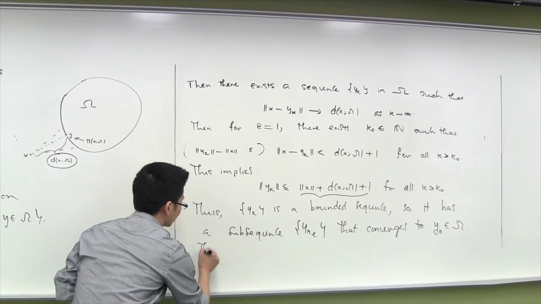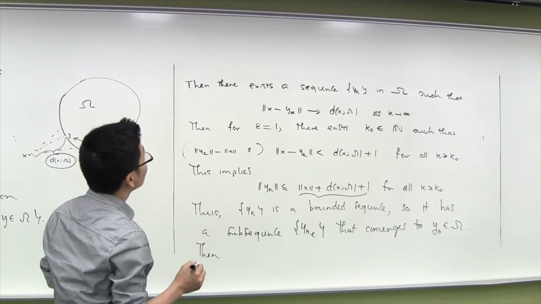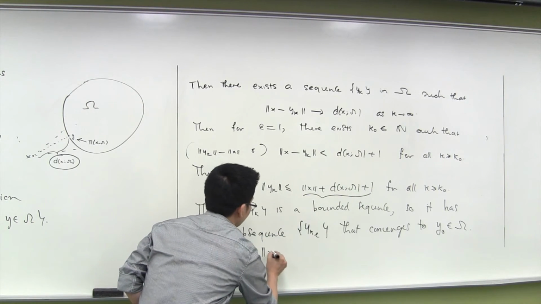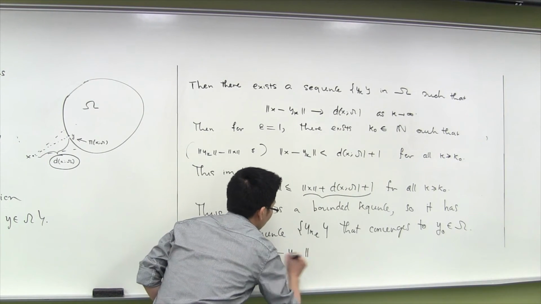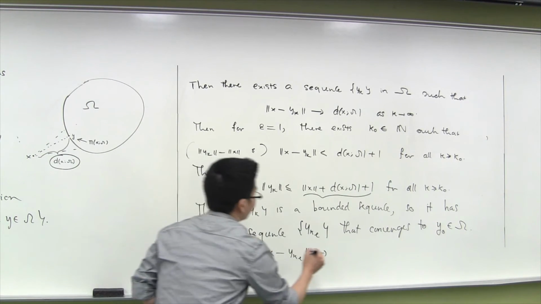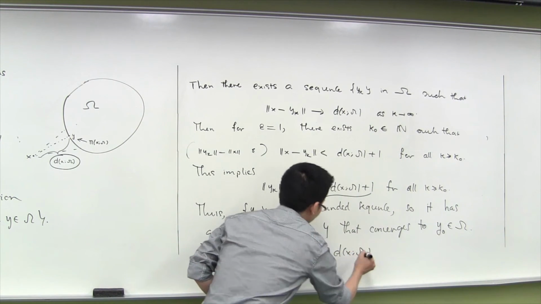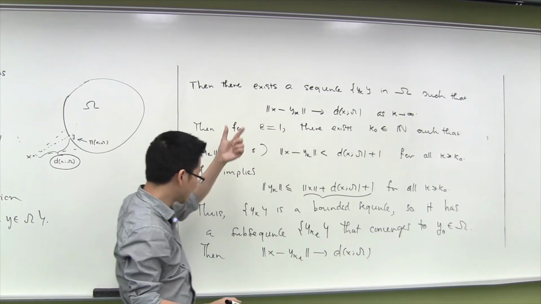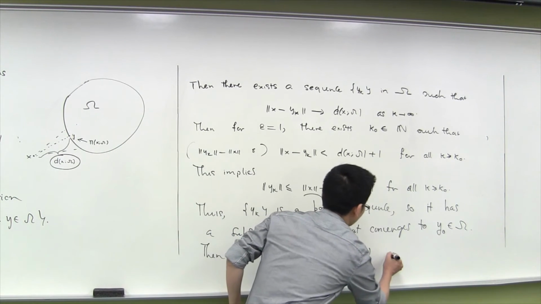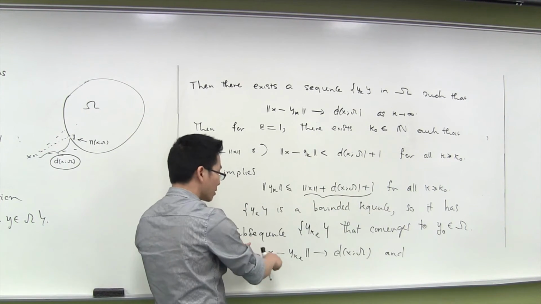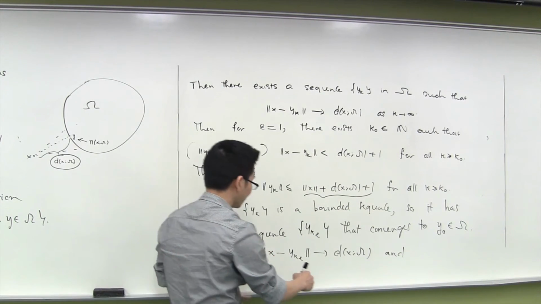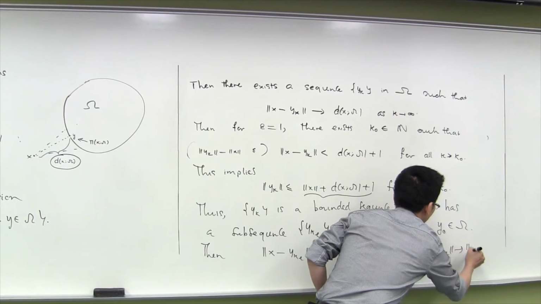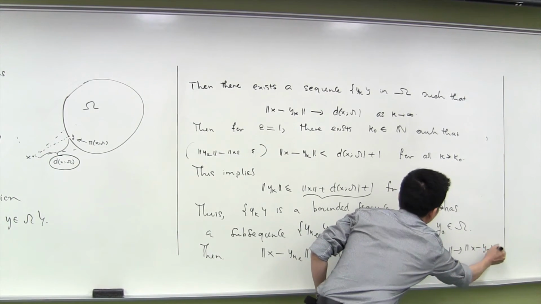Then the norm of x minus y_{k_l} converges to the distance from x to omega, because this is a subsequence of the sequence, and at the same time, by the continuity of the Euclidean norm, the norm of x minus y_{k_l} converges to the norm of x minus y_0.